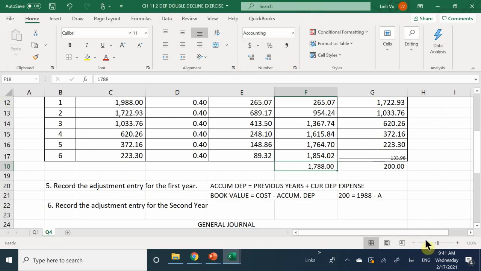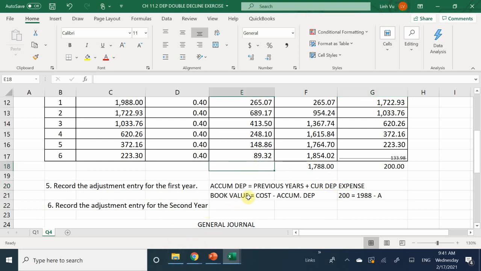I have 1788. So here, the formula is my accumulated depreciation is equal to 1788, which equals the previous year's plus the current year's depreciation expense.